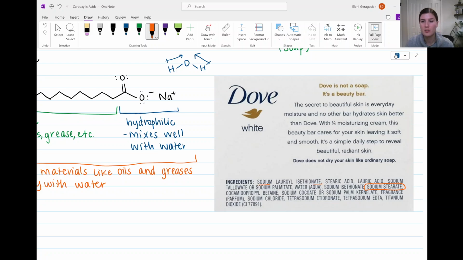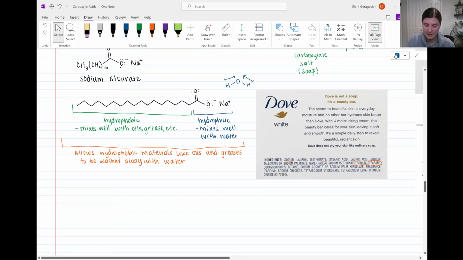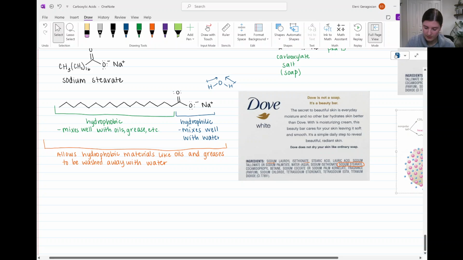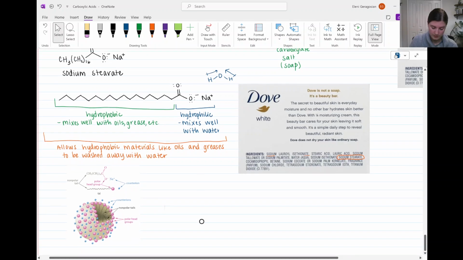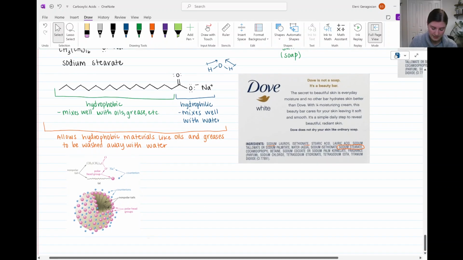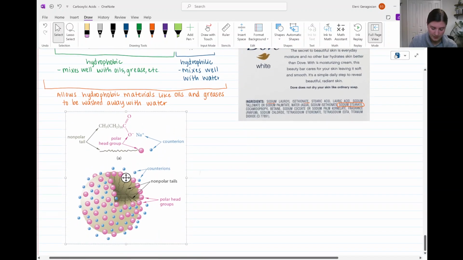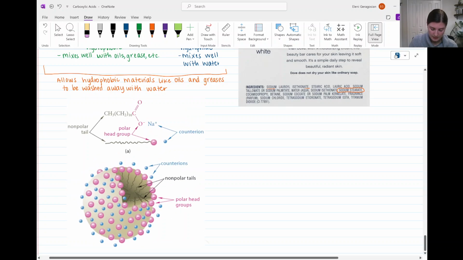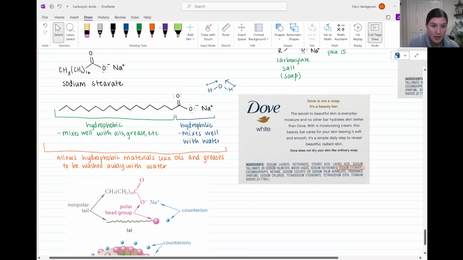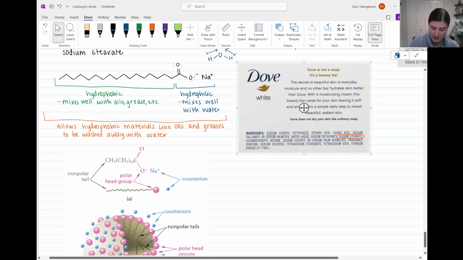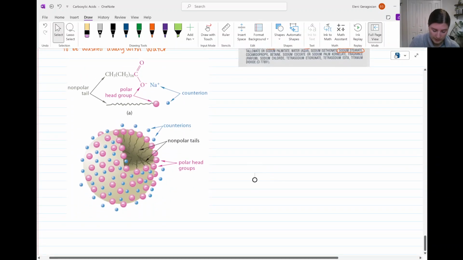Now you may have also heard of micelles. I have an image of that over here. So let me carry this over. If you have a high concentration of these carboxylate ions in solution, then the nonpolar tails, which are the hydrophobic area of the molecule, would gather together, and those are represented by these wiggly lines.